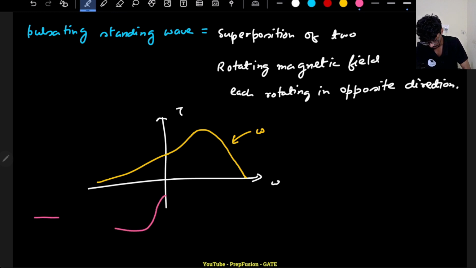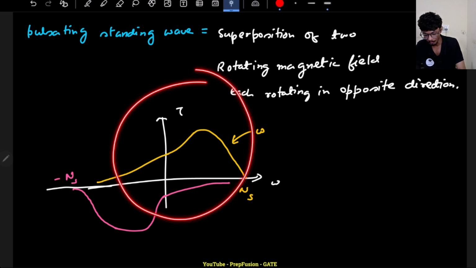This will go to 0 around speed minus ns, because it is rotating at a speed of minus omega, and this is plus ns. So the overall torque is a combination of these two torques.